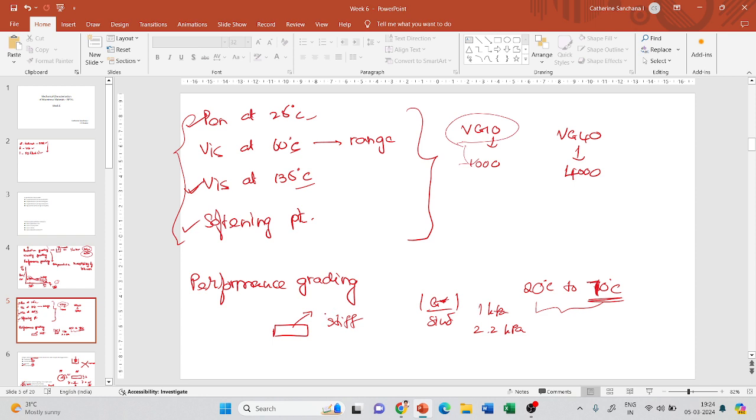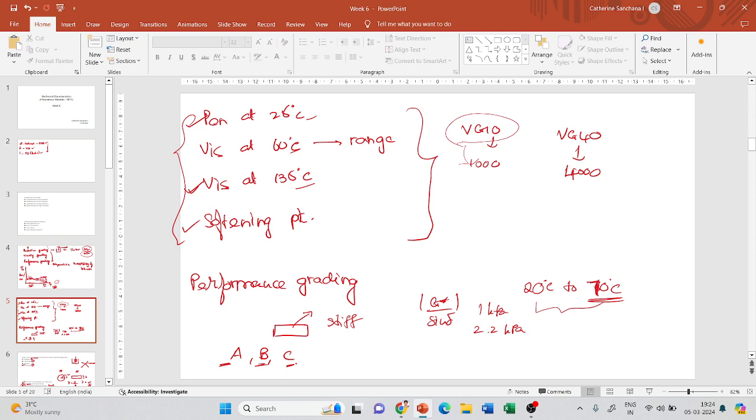Let us say I'm given 3 bitumen A, B and C, and I have to check if my bitumen will survive in this temperature of 70 degrees Celsius. What I will do is, I will subject all these 3 bitumen to a test at 70 degrees Celsius and find out if it has a minimum stiffness.